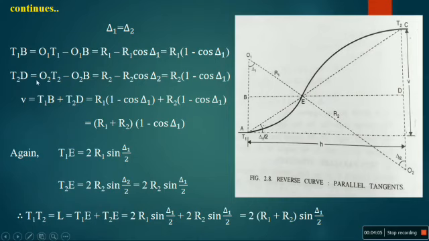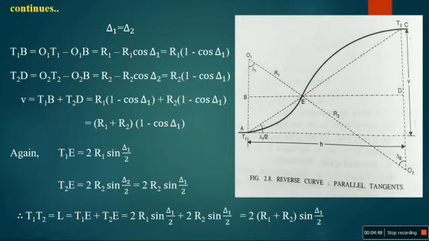Similarly, T2D is equal to O2T2 minus O2D. Again, O2T2 is the radius of this curve, and applying the trigonometrical formula for this triangle, we get R2 minus R2 cos delta 2.